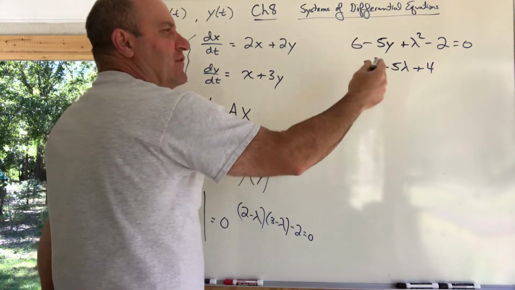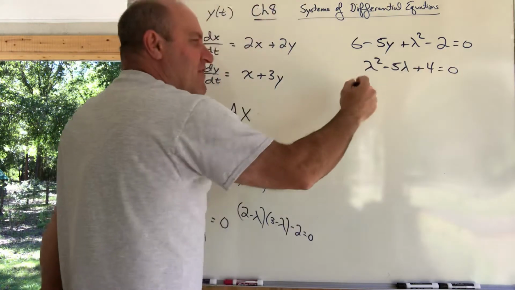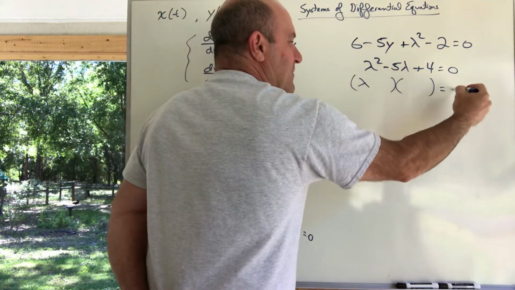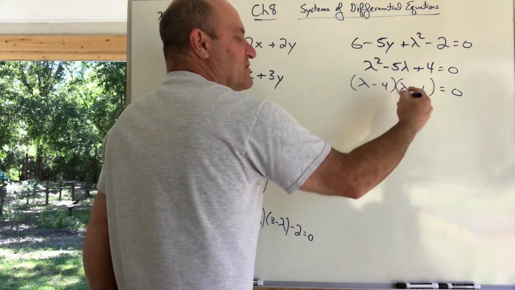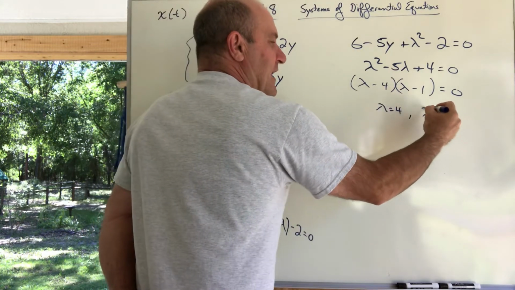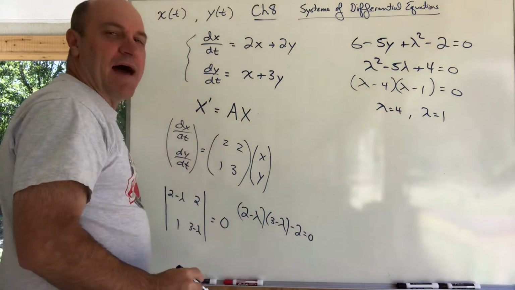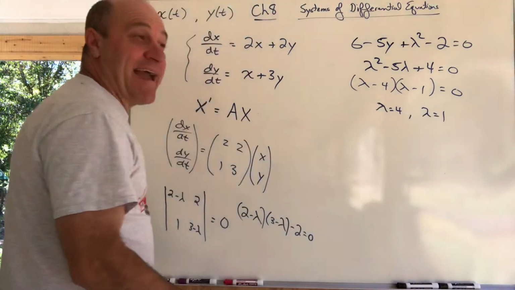I grouped the 6 and the 2 together there and just reorganized. Hey, you factor and you find your lambdas. Lambda minus 4, lambda minus 1 equals 0. The lambdas are lambda equals 4 and lambda equals 1. That's awesome. We're almost home. Those are my eigenvalues.